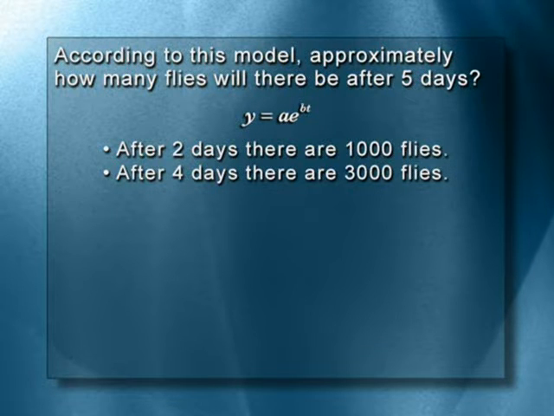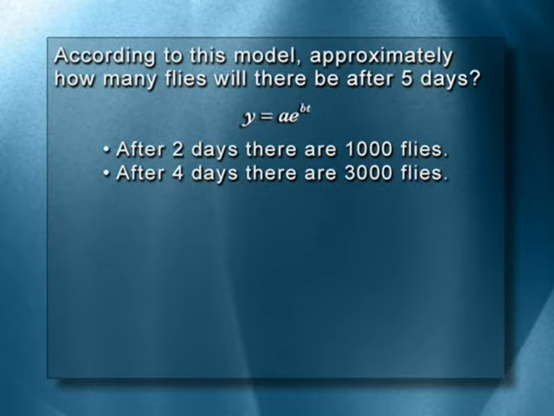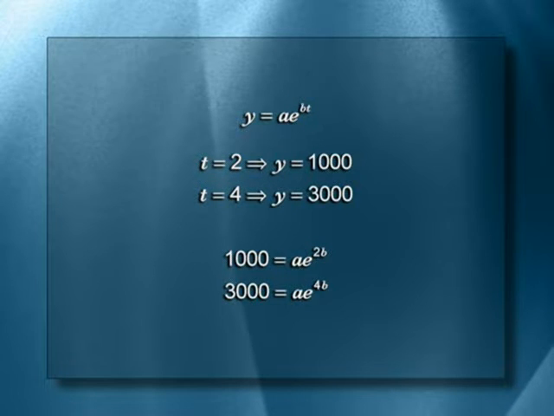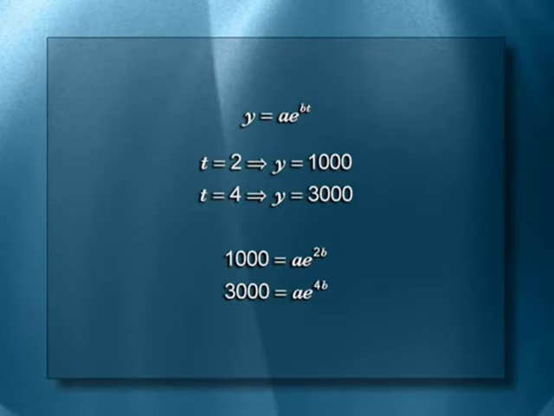So when t equals 2, y is 1,000. And also when t is 4, y is 3,000. So we plug those numbers into the model. 1,000 equals ae to the 2b, t is 2, and then 3,000 equals ae to the 4b.